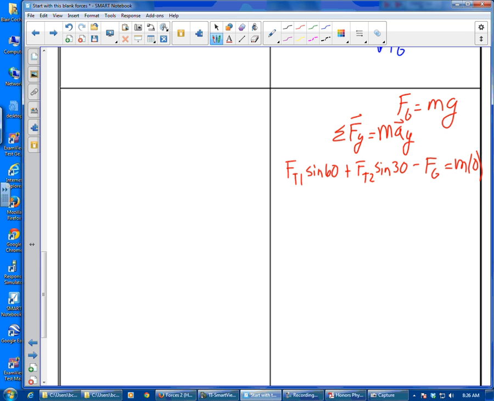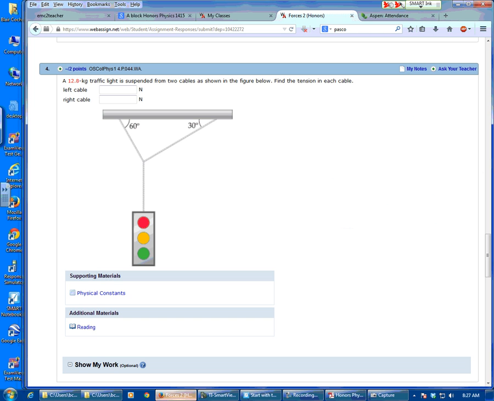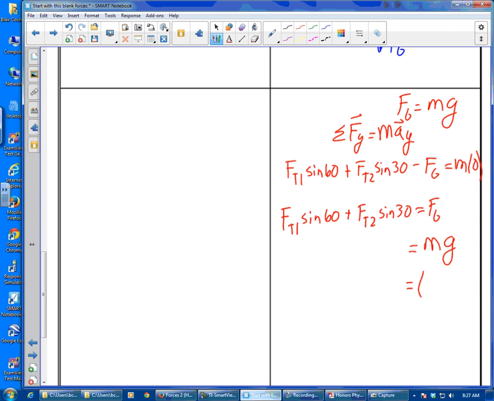So Ft1 sine 60 plus Ft2 sine 30 equals F sub g, and all of that equals m times g, which is 12.8 kilograms times 9.80 newtons per kilogram.